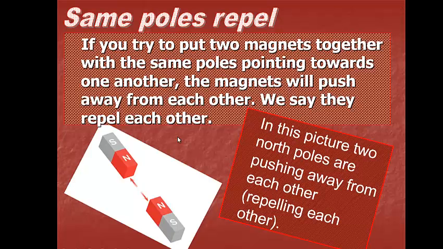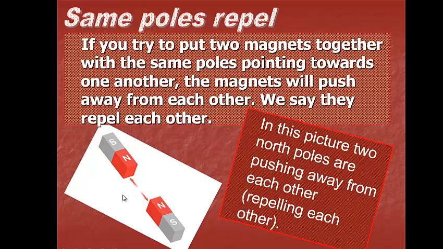But let's see what will happen if you put the same poles. Here I have the north and here I have the north. What will happen if we put the north sides next to each other? If you try to put two magnets together with the same pole, north with north or south with south, pointing towards one another, the magnets will push away. Can you see here the arrows?